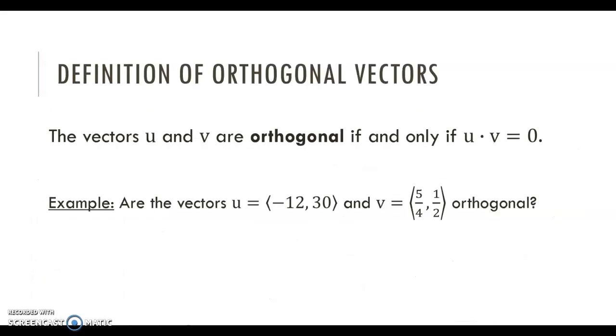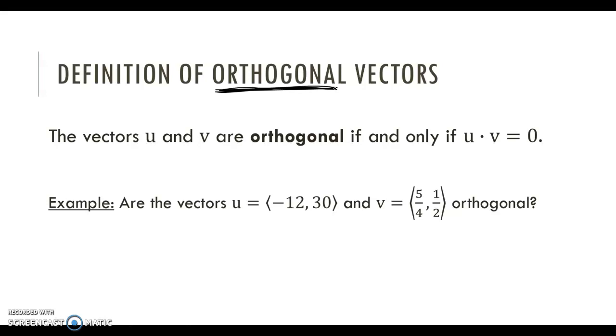To wrap up then, we are going to look at the definition of orthogonal vectors. Now this word orthogonal is the same as perpendicular. So how do we determine if vectors are perpendicular to each other, or if they form a 90-degree angle?